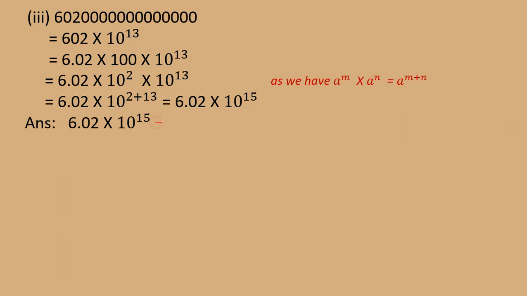This is equal to 602 followed by 13 zeros: 1, 2, 3, 4, 5, 6, 7, 8, 9, 10, 11, 12, 13 zeros.